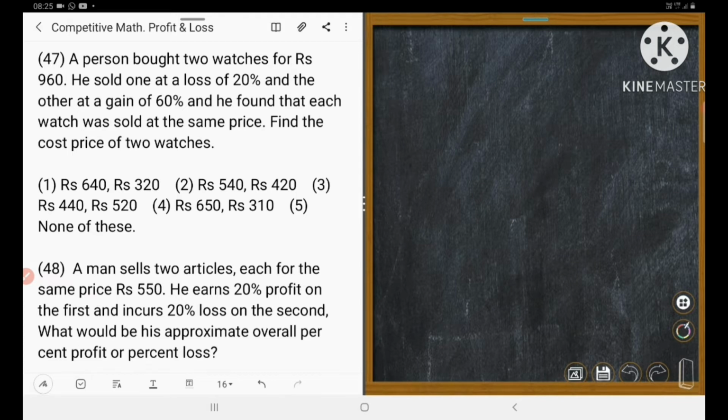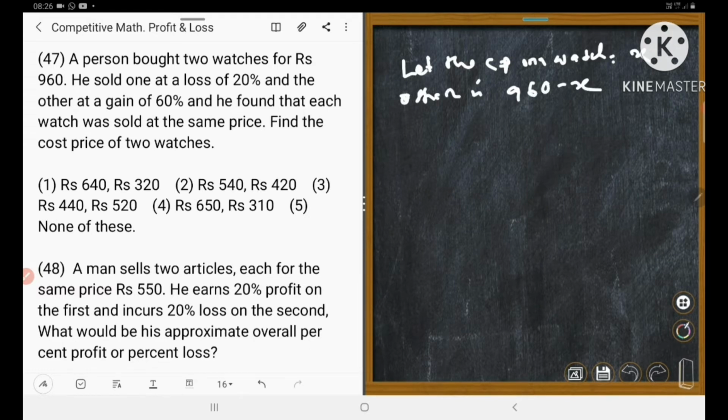So let the CP of one watch be X. The other is 960 minus X.